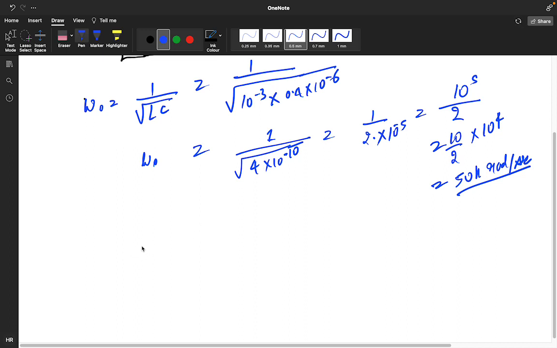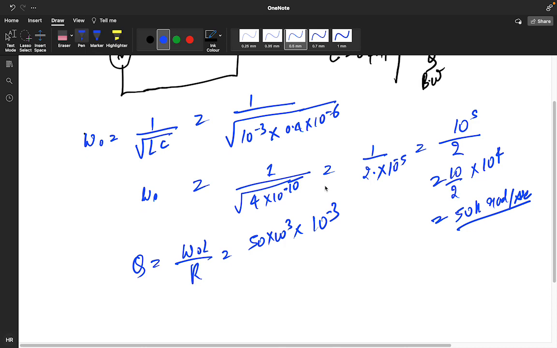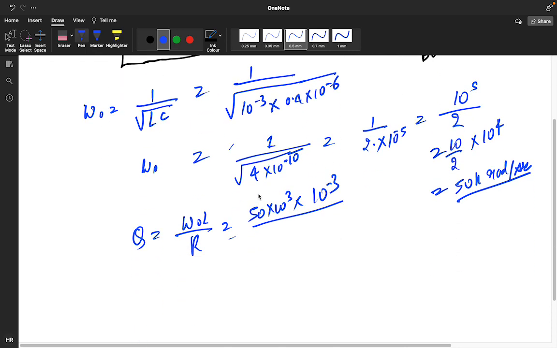And what is the quality factor? Quality factor you can write as omega naught L by R. So you have 50k, 50 into 10 to the power 3, and the L value is 10 to the power minus 3, 1 millihenry. And what is the R value given? R value is 2. So how much are you getting? 25.